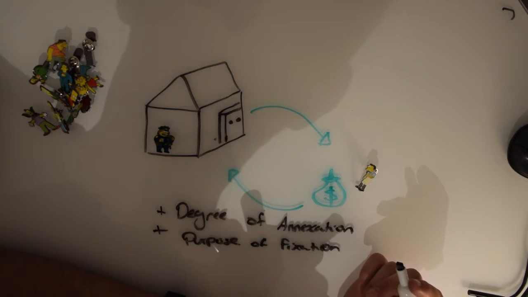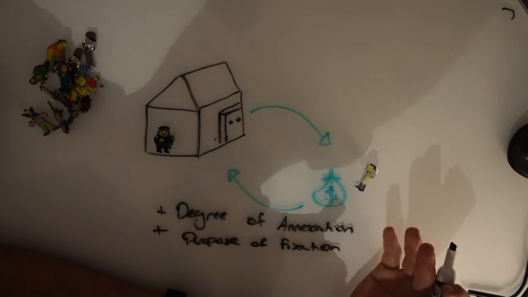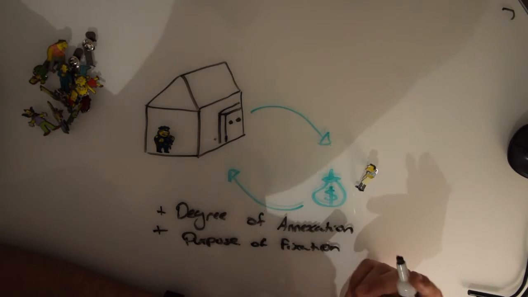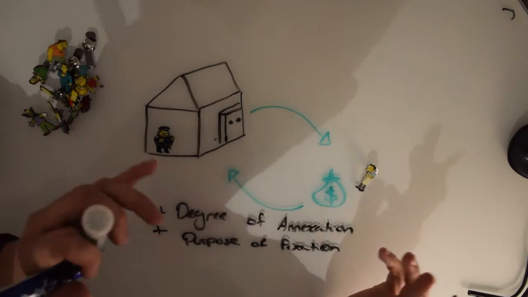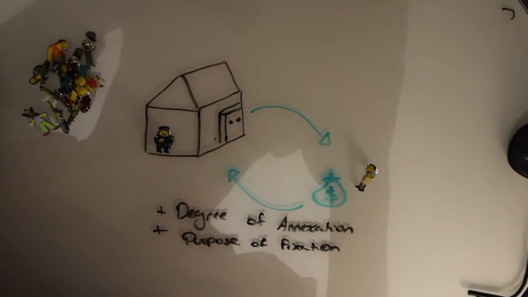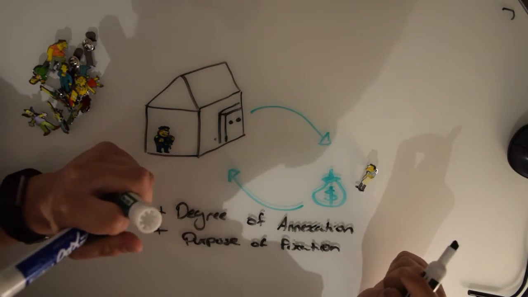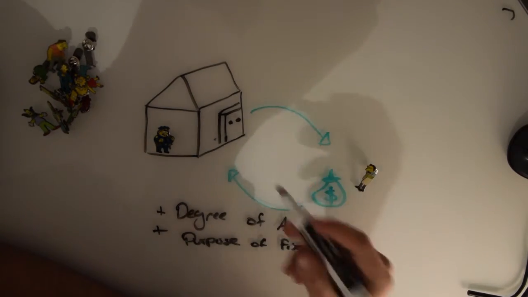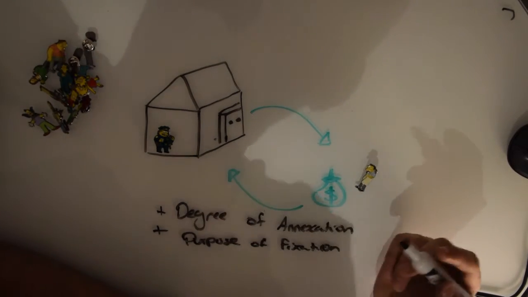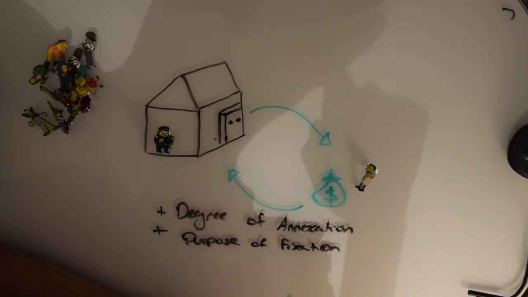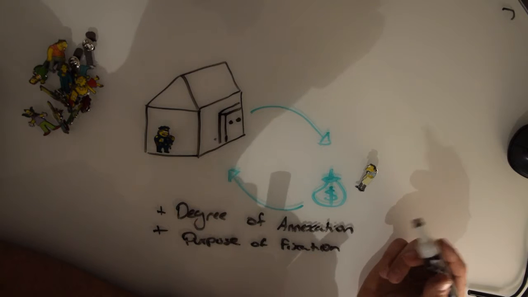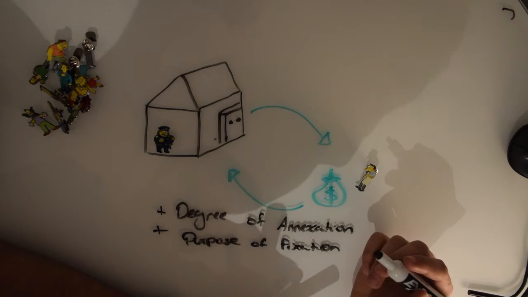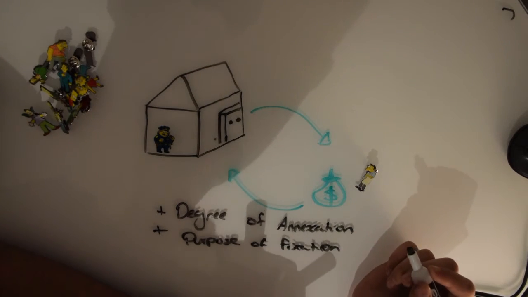This would be different if it was cemented, well, you wouldn't cement a washing machine in, but if it was attached with a greater degree, so if it had 50 bolts and it had been secured there with safety bolts, and I think I've chosen a pretty poor example, but if the degree of annexation was more than 2 bolts, let's say, that would be taken into consideration as being more a part of the house. However, seeing as there's only 2 bolts holding the washing machine in, it's more likely that it's not a part of the house.